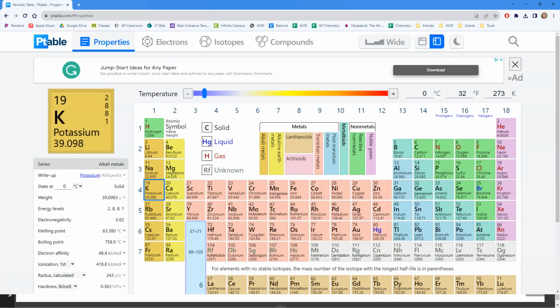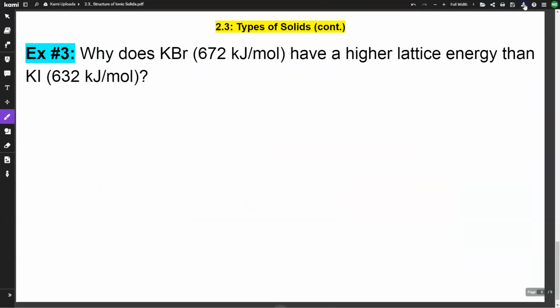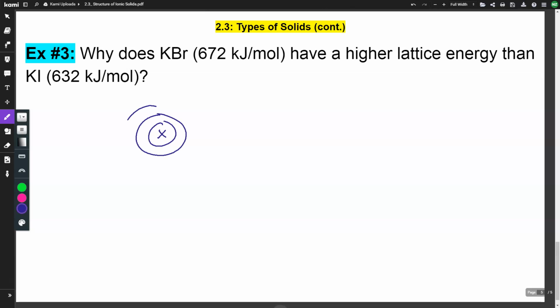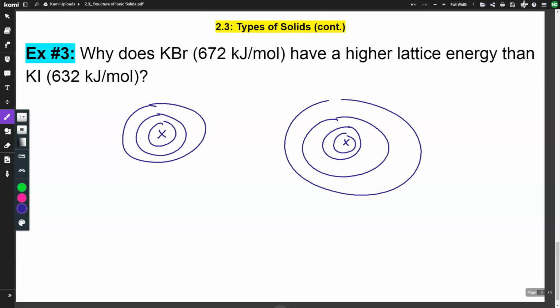We have potassium here, but if you notice, iodine is one period down, so it has a larger radius. Both potassium and bromine have 3 rings or shells. Iodine, though, has 4. Oh, did not draw that one very circular. There we go. So it's going to be much bigger.